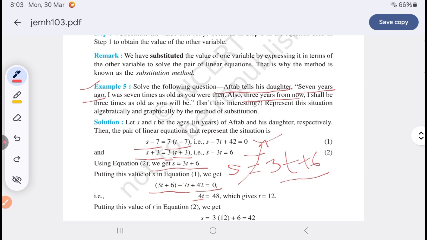And 42 plus 6, that is 48. So 4t is equal to 48, which gives 48 divided by 4 gives 12. So t is equal to 12.